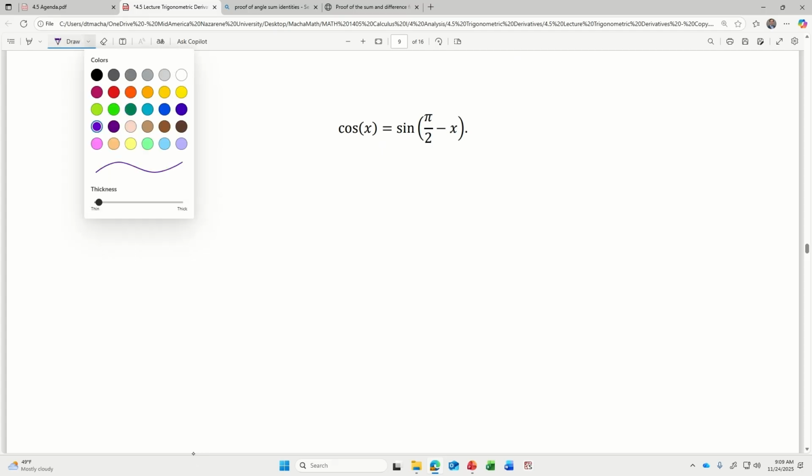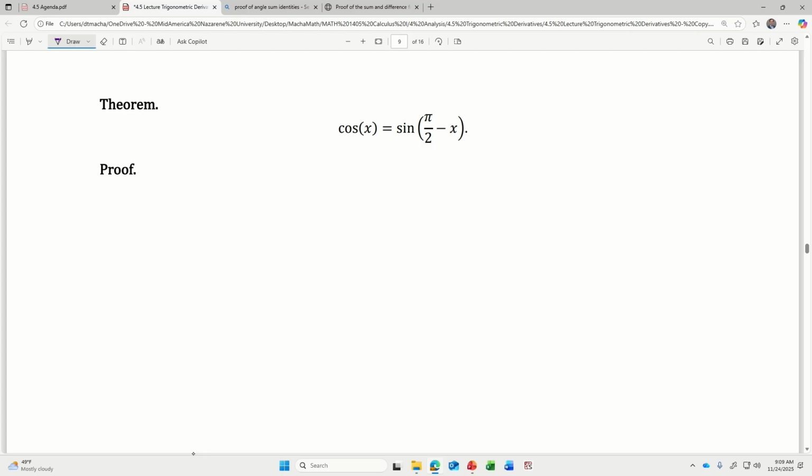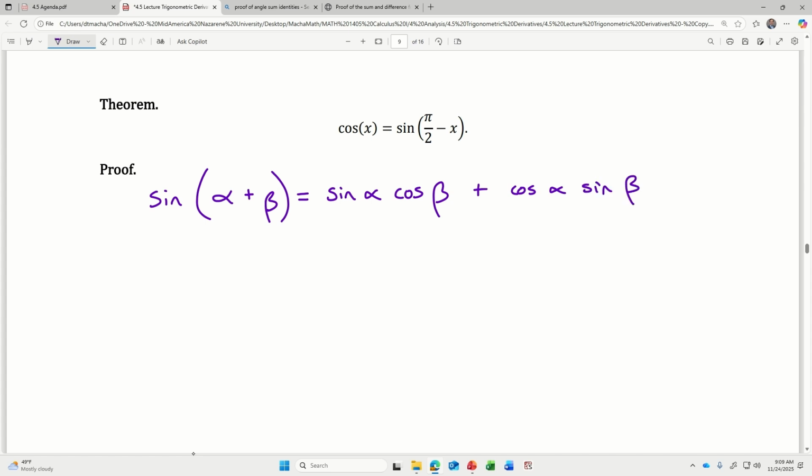If I wanted to prove that cosine of x is equal to sine of pi over 2 minus x, I'm going to first remember my angle sum identity, which says this is sine of alpha cosine beta plus cosine alpha sine beta.